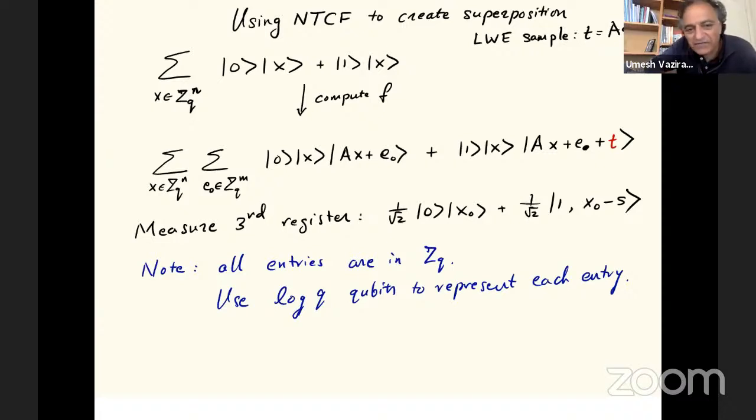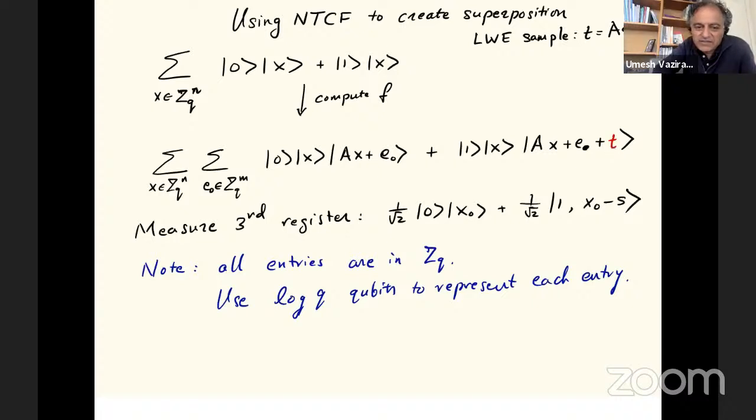And then we compute f, right? If the first qubit is 0, then we just compute Ax plus e naught, where e naught is a superposition over this Gaussian. And in the case that the first bit is 1, then we compute Ax plus e naught plus t.